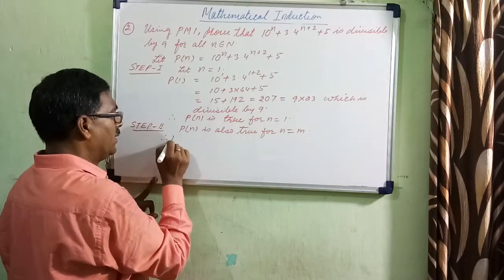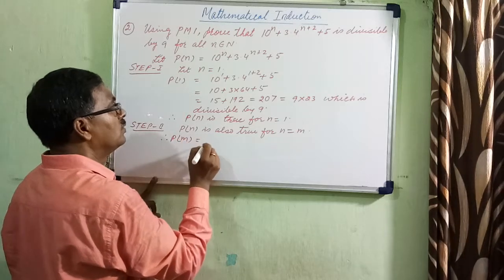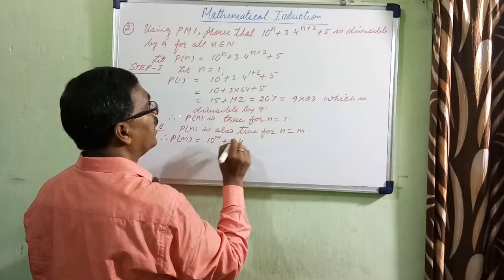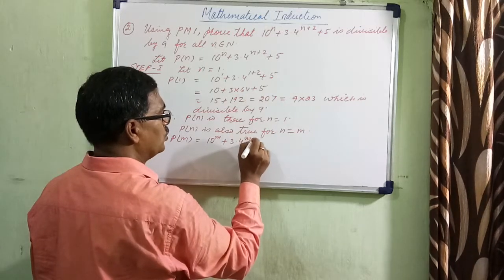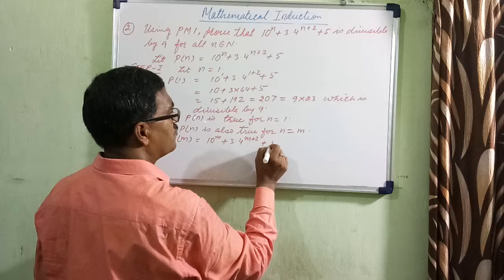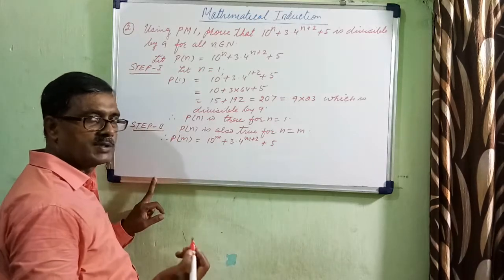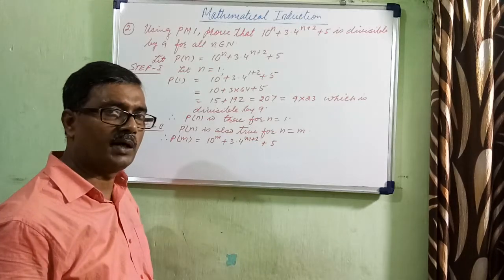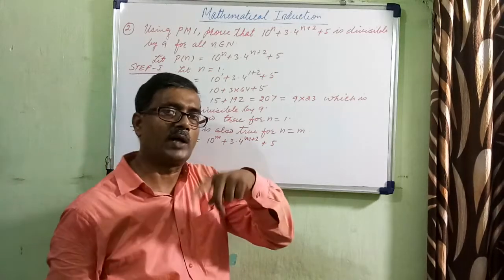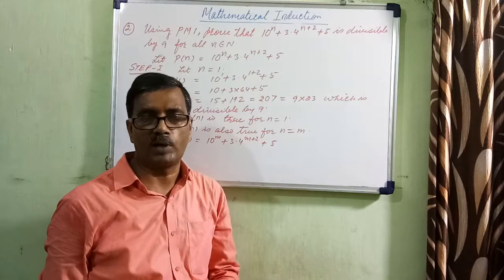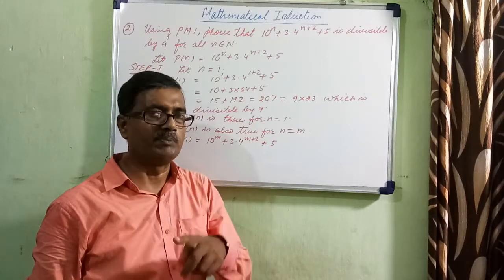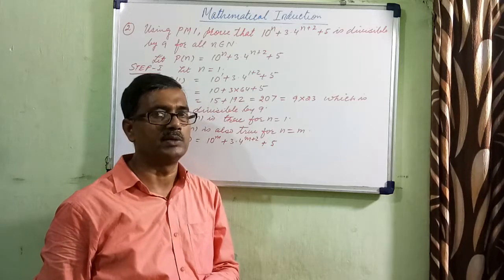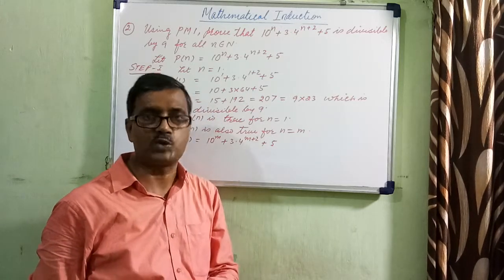So therefore Pm is equal to 10 to the power m plus 3 into 4 to the power m plus 2 plus 5. And same way we will assume that this whole expression is divisible by 9. As in the previous case we have taken 576 lambda, in place of lambda you can take any variable. Remember, lambda or whatever the variable you are taking, they are also integers, they are also natural numbers.